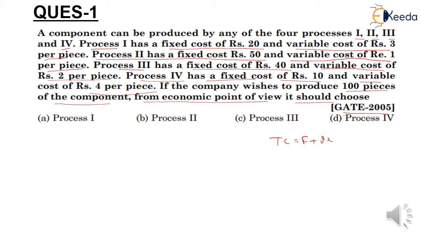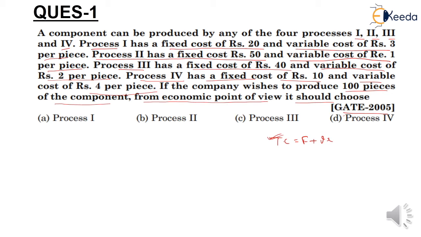If you find the total cost of all four processes and compare them, the process with the minimum total cost compared to the others is known as the economic point of view process.